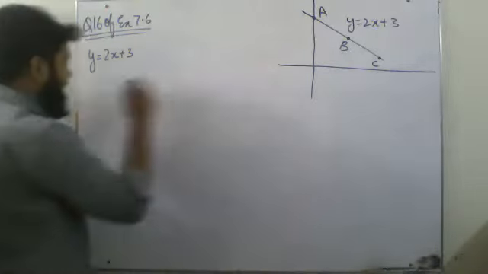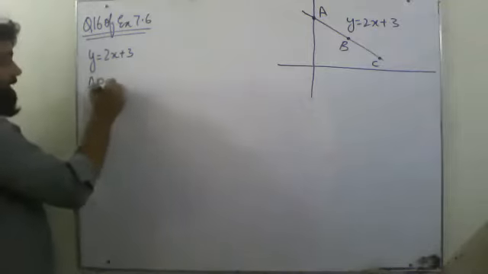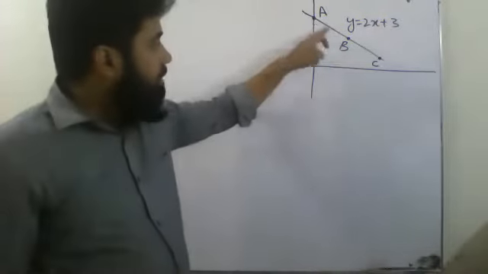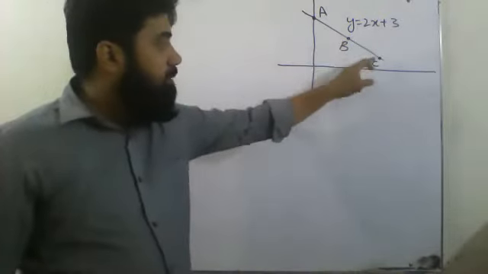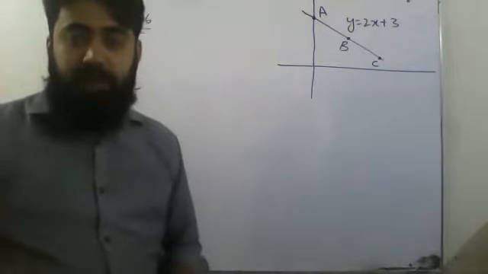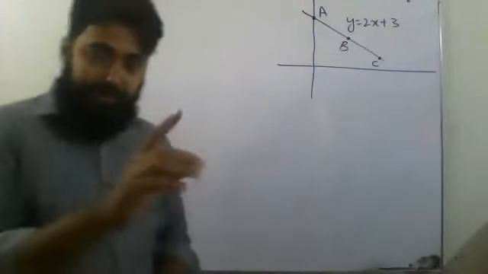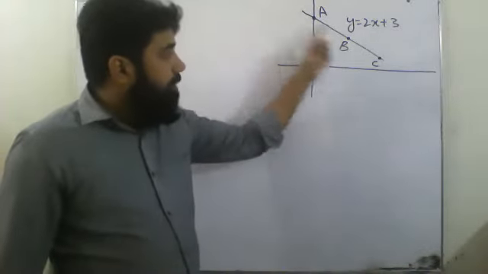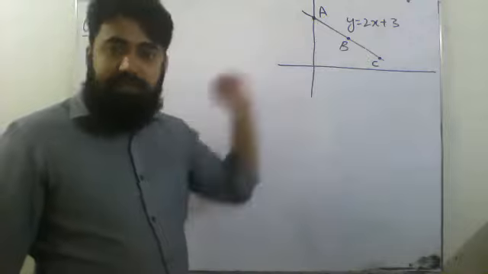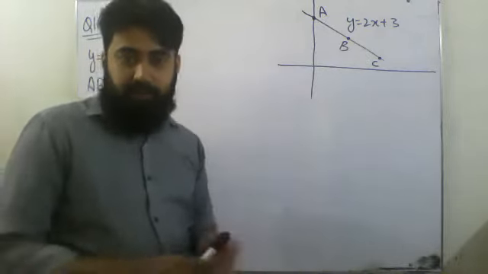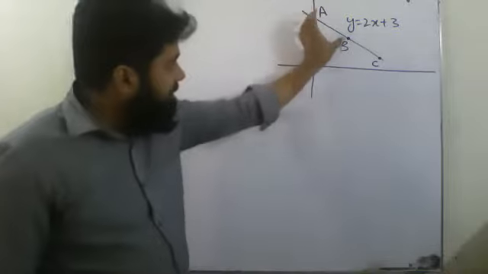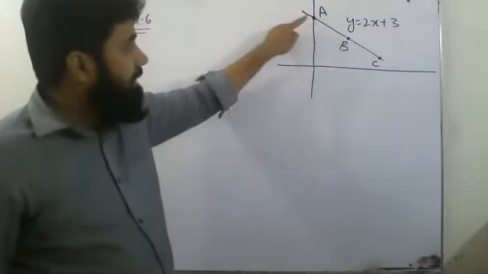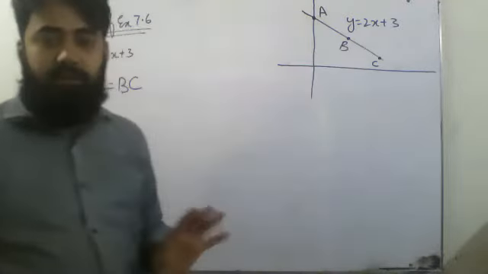It is given that AB equals BC, meaning the distance from A to B and the distance from B to C is the same. So if the distance is the same, can I say that for the points from A to C, B is their midpoint? Because they have the same distance over here, same distance over here. It means that B is the midpoint of A to C.